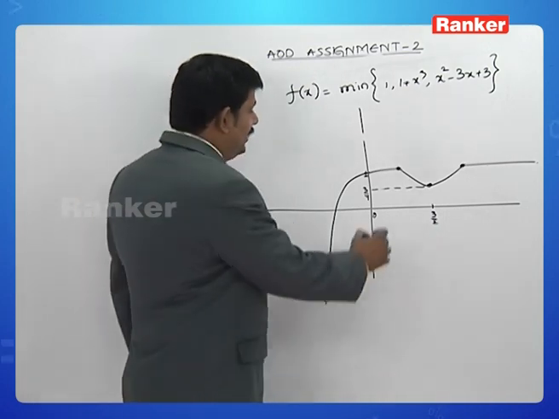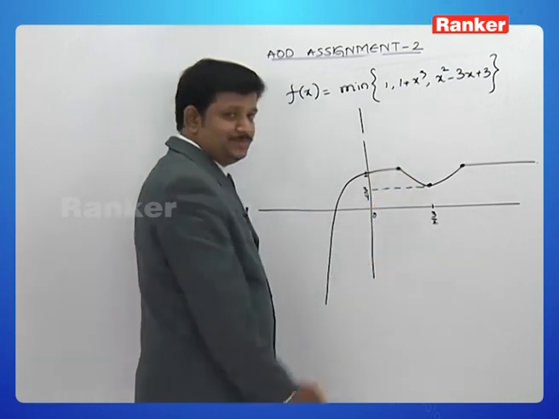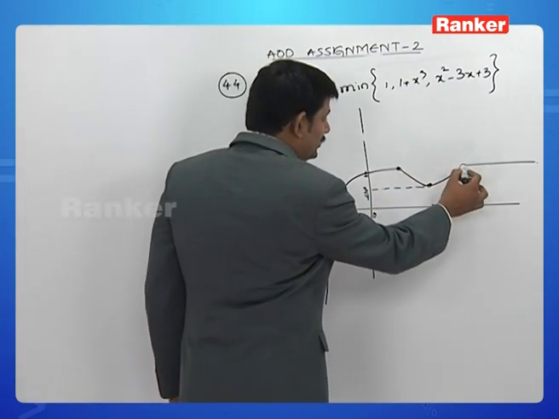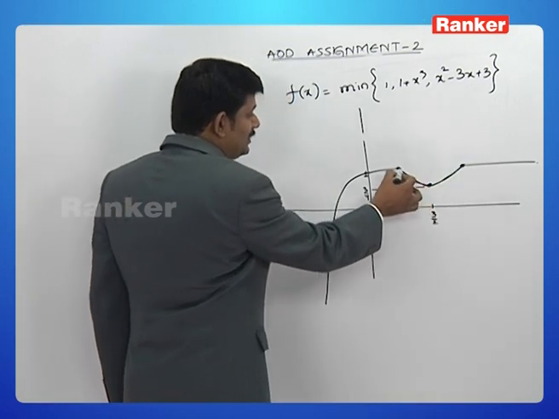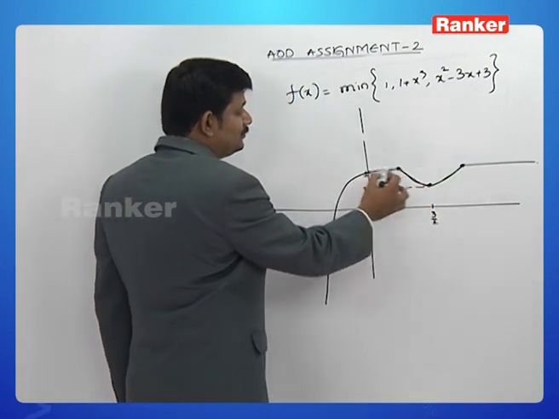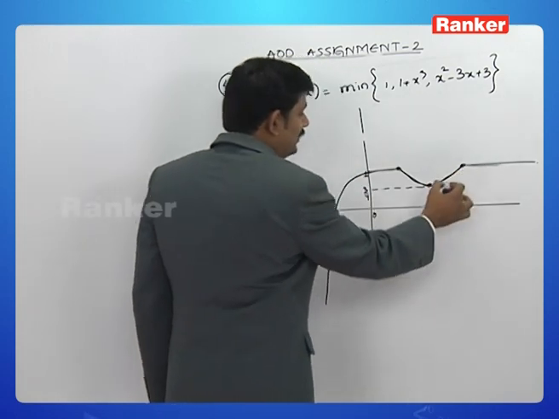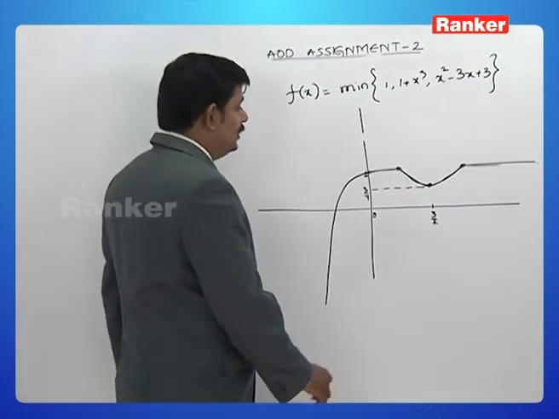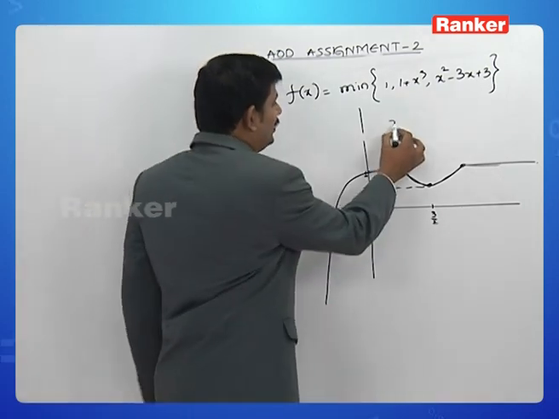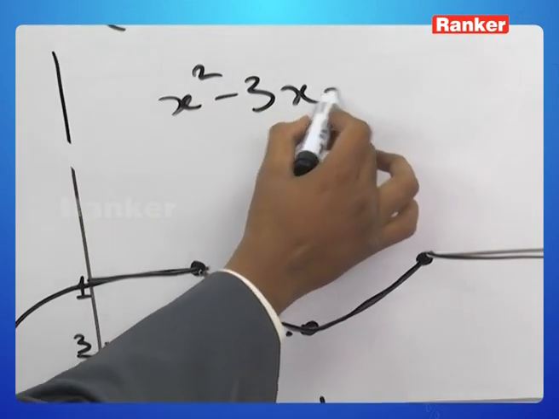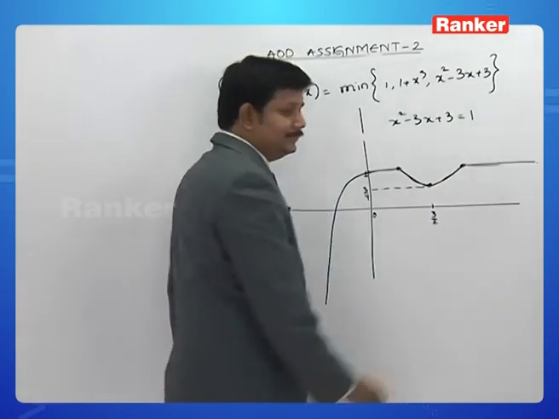So this is the graph of f of x. Clearly, we have a point of non-differentiability at this point and this point, and these are the points where the quadratic is equal to 1. This is the line x equal to 1, and this is the graph of the quadratic. So we have clear non-differentiability at the points where x square minus 3x plus 3 is equal to 1.